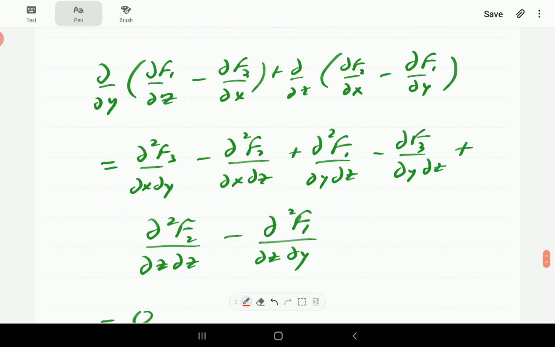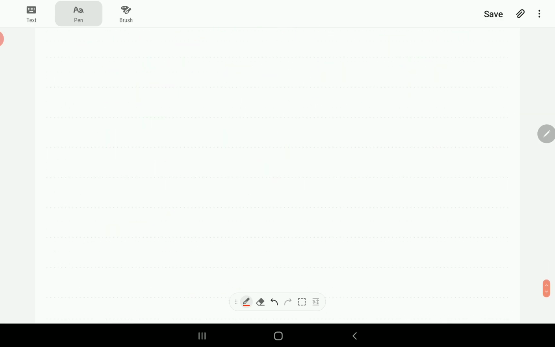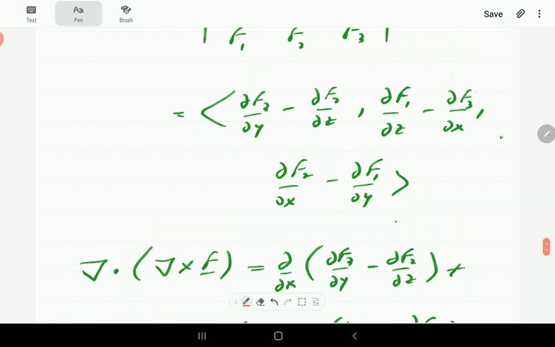Now if you look at the terms involving f3, you've got this one here, f3 xy, this one is yz. Just one moment, looks like there is an error here.